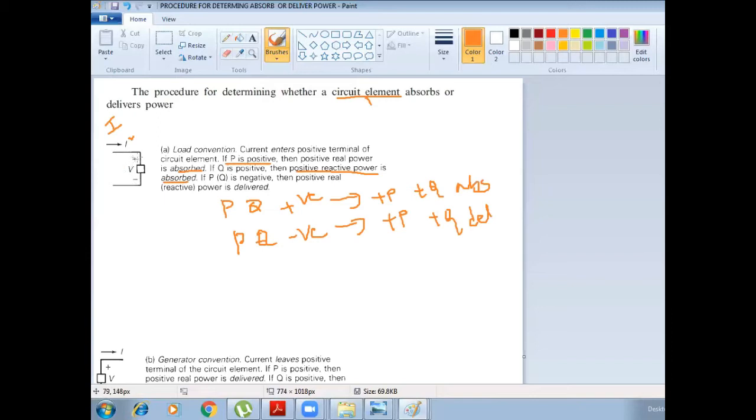If Q is positive, positive reactive power is absorbed by the element. If P is negative, then positive real power is delivered by the element, and if Q is negative, then positive reactive power is delivered by the element. So these are the four conditions, with P and Q positive and P and Q negative.